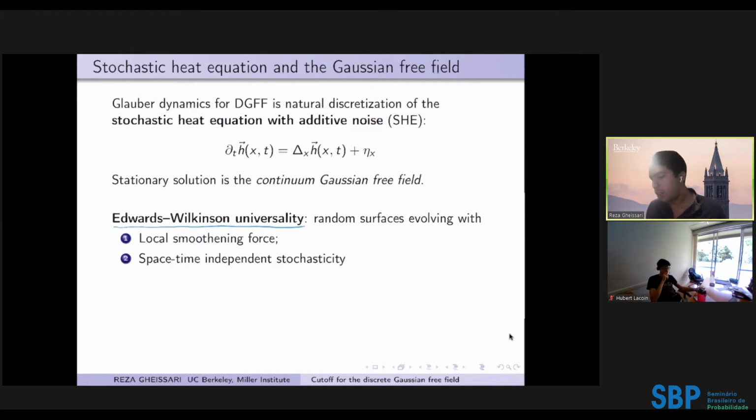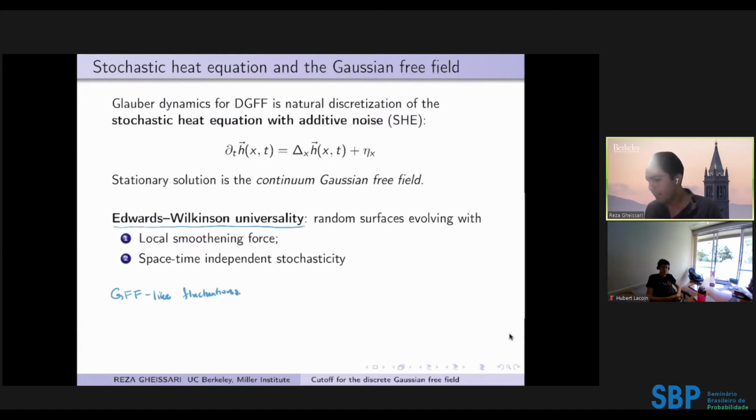And so generally it's thought that this universality class encompasses a wide array of random curve and random surface models which are evolving in time via these, 1 and 2 here, and they tend to exhibit GFF-like fluctuations. So by that, I mean, for instance, in dimension 2, logarithmic variance, and one would expect that there's some kind of a qualitative, at least, universality in their dynamical evolutions. Okay.